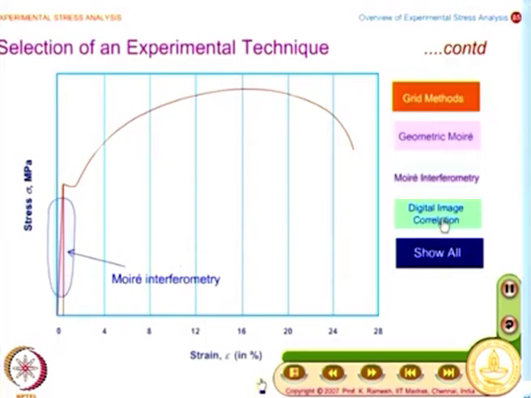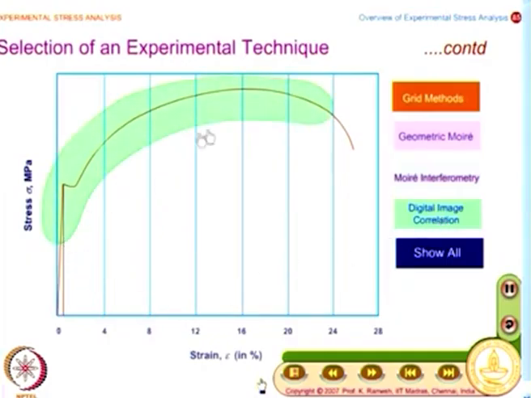And when I come to digital image correlation, I can go from this to this, and I have already said that this can be brought down by improvement in technology. Researchers are working across the world, and they bring down this to as close to 0 as possible. Their claim is now about 50 microstrain, and it is only a question of time before they improve the technique further, and now you have a relative appreciation of various techniques.